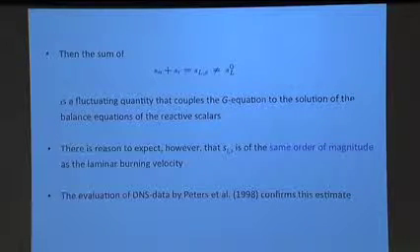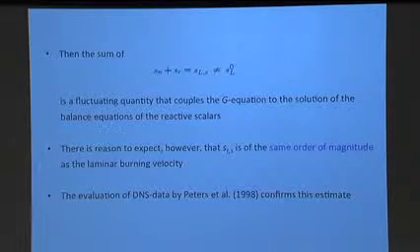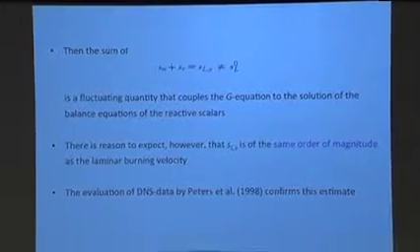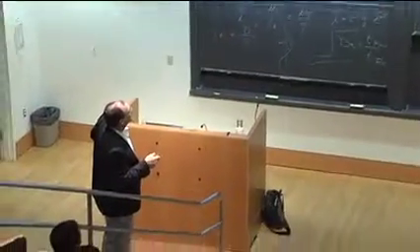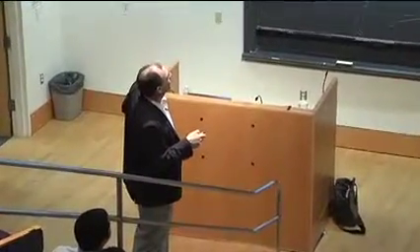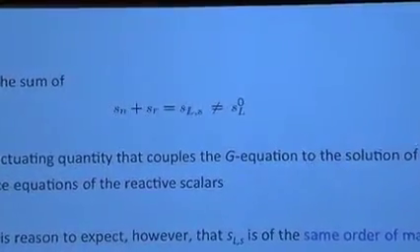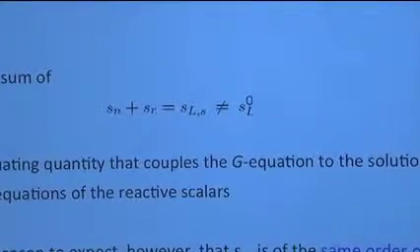Because what we said earlier is that this propagation is disturbed by the turbulence and all of that. So this is not exactly the same as the laminar burning velocity. However, this SL for the disturbed flame and the laminar burning velocity are of the same order of magnitude. And so because of this, we just use the laminar burning velocity to describe this.